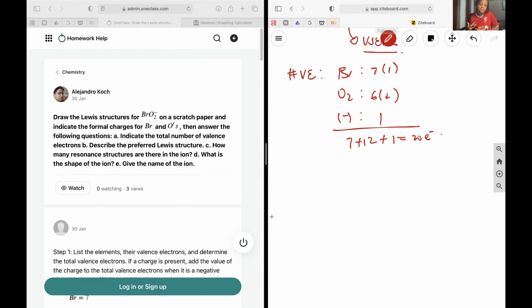It doesn't make sense for oxygen to be my central atom. It makes more sense for bromine to be my central atom, as there's more symmetry in that, and chemistry loves symmetry. So let's go ahead and put bromine right in the middle, and I'll put 1 bond to each oxygen. We can fill in everybody's octets and see what will be left over.